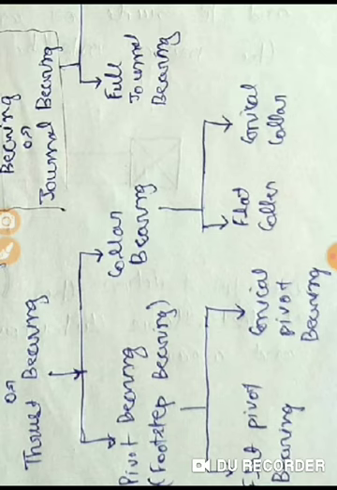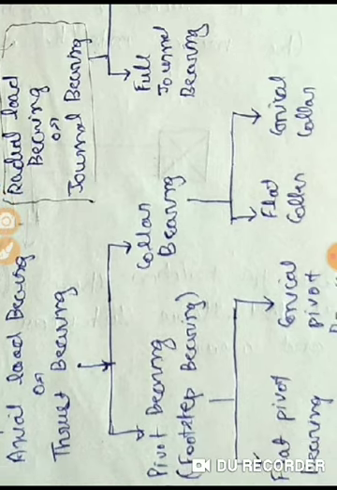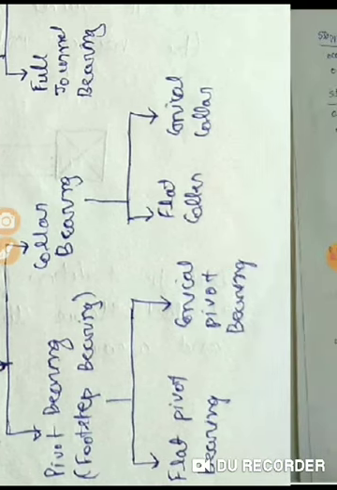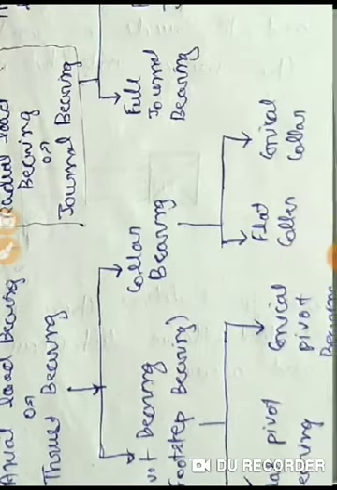So what is the meaning of pivot? Pivot bearings are bearings which are fixed at one point, and the other end is freely rotating. The pivot bearing is also called the footstep bearing. Why footstep bearing? Because they are generally used where there is axial load.